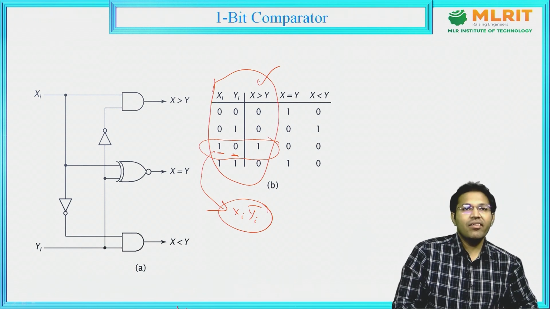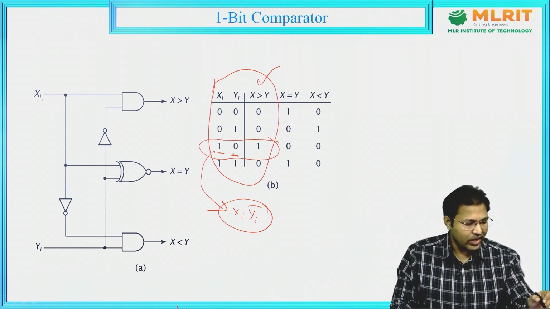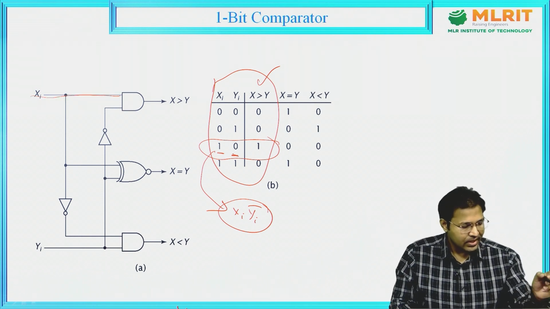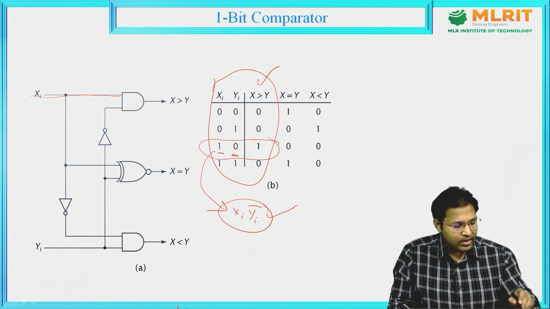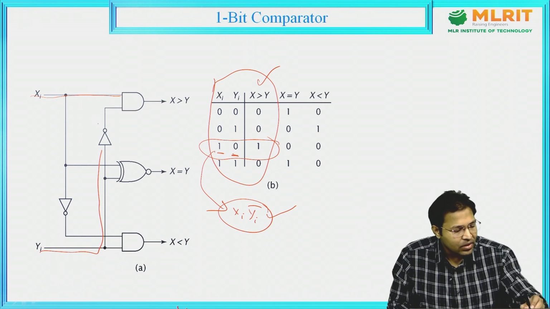Now how can you develop a circuit for that? Let us see where xi is. Okay, so this is xi. Then we need yi bar. When we connect yi to a NOT gate, we are going to get yi bar.